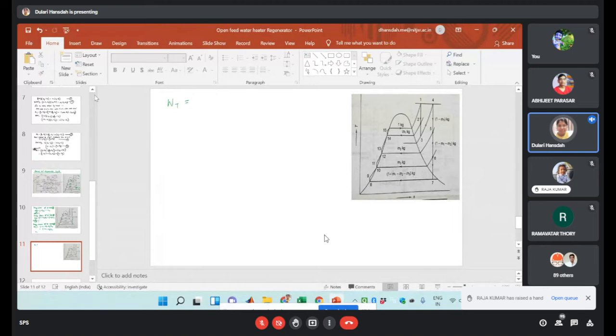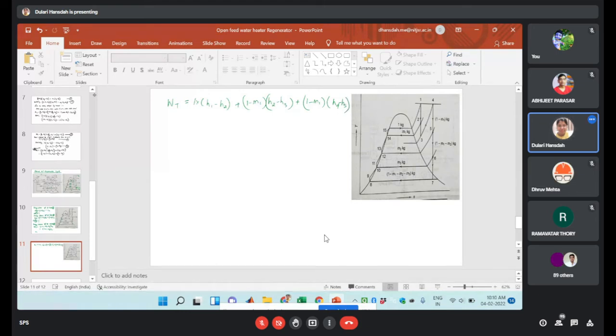So in this case, WT will be how much? 1 into (H1 minus H2) plus (1 minus m1)(H2 minus H3) plus (1 minus m1) multiplied with (H4 minus H5), and then there will be the expansion 5 to 6.